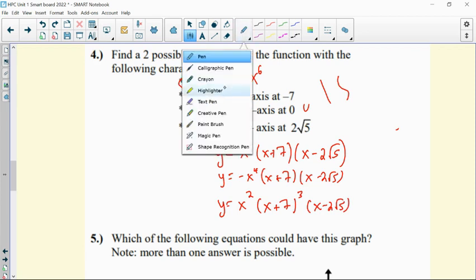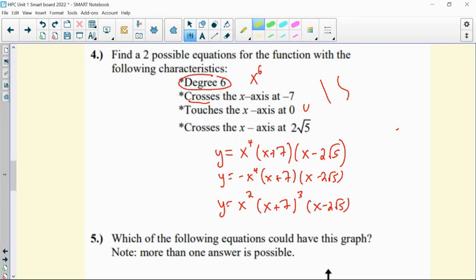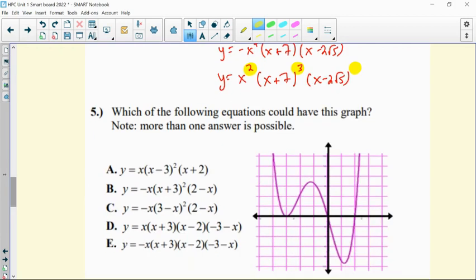Again, adding up the exponents, that would add up to the degree, so the degree of 6. These aren't the only ones, but just refreshing our mind about the way the exponents affect the behavior.